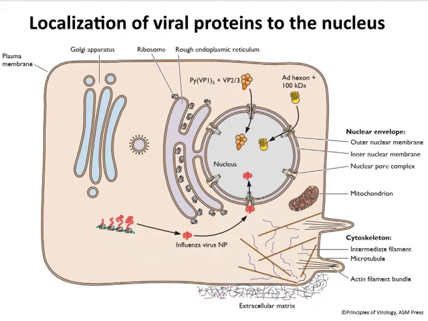So addresses are important for bringing the viral components to the right place in the cell. So here's an example of nuclear localization. There are a couple of viruses that we have talked about which need to bring some component to the nucleus. So the polyoma viruses, SV40, they make their structural proteins in the cytoplasm, VP1, VP2, and VP3.